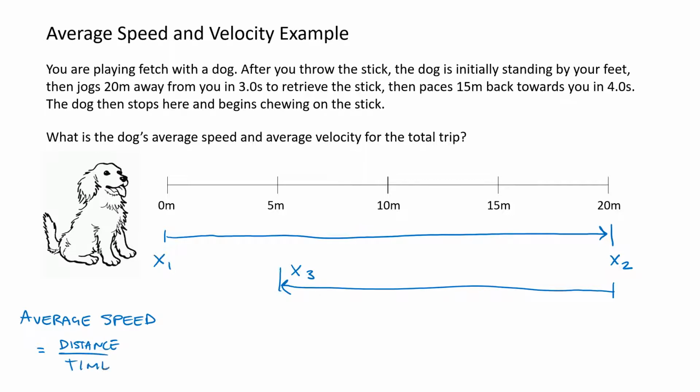And total distance, it's just 35 meters in how long? 7 seconds. I made the numbers real easy. That is just 5 meters per second for the average speed. The average velocity is a little different though.